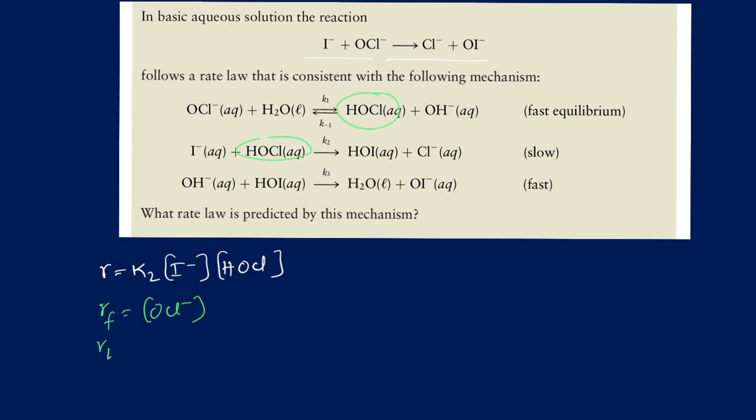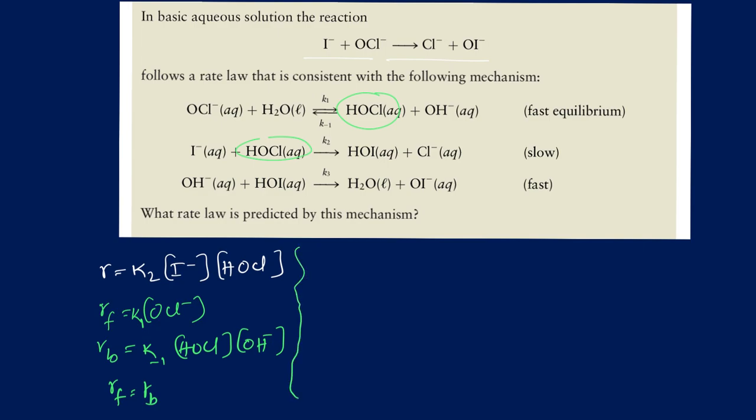Next, rate of backward reaction is equal to K minus 1 [HOCl] concentration and [OH minus] concentration. Now rate of forward is equal to rate of backward.